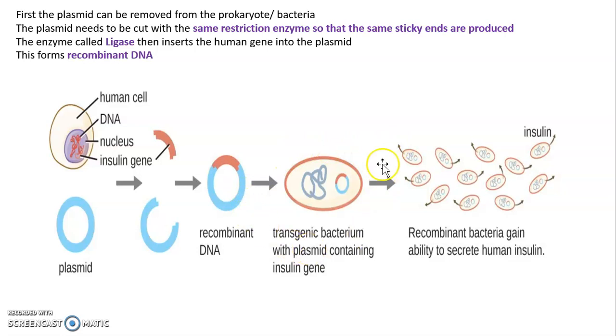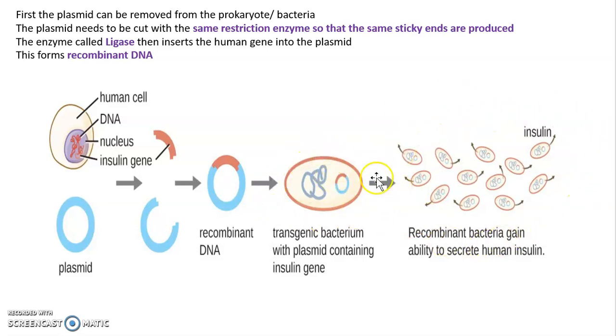Now, we don't want one of these bacteria doing this production of human insulin. We want many of them. So what we're going to do is to take this particular bacterium, give it the conditions that it requires to do asexual reproduction, and we're going to produce lots and lots of these recombinant bacteria.